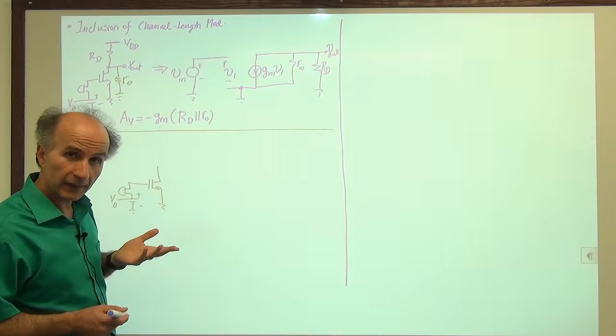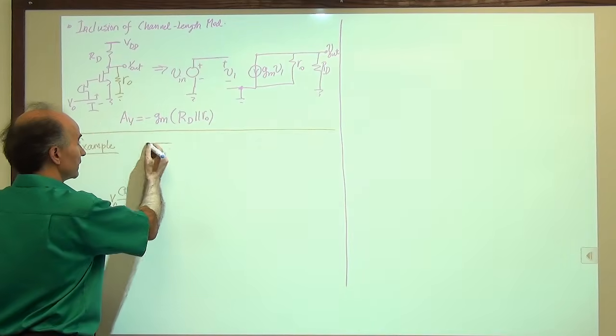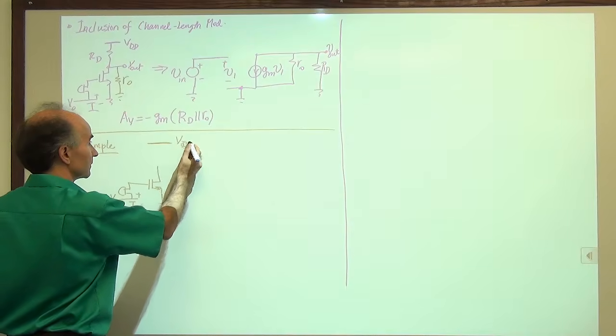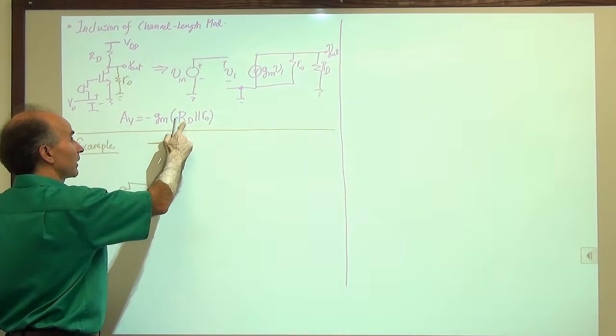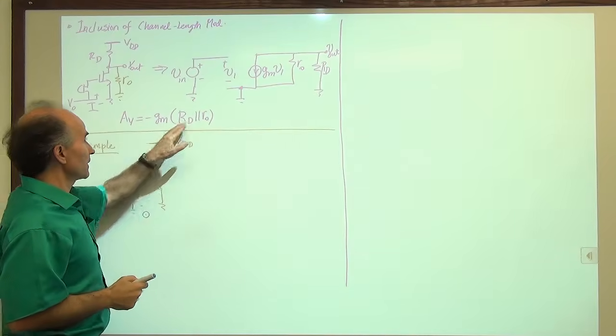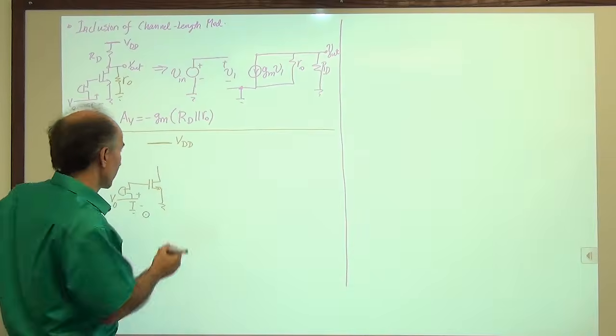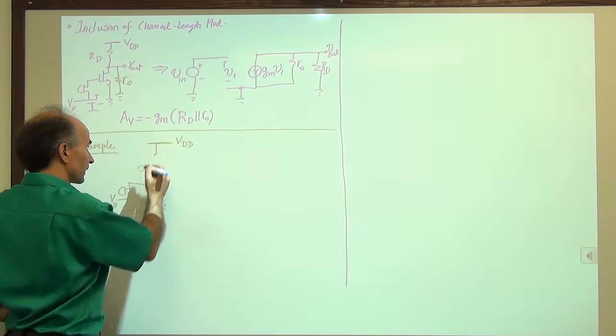Okay. All right, I'm trying to replace this RD with infinity. Does it mean an open circuit? Well, here's the power supply, VDD. And I'm thinking if I maximize RD, then I maximize Av. So why don't we just replace RD with infinity, which means an open circuit. But an open circuit would be a problem, right?